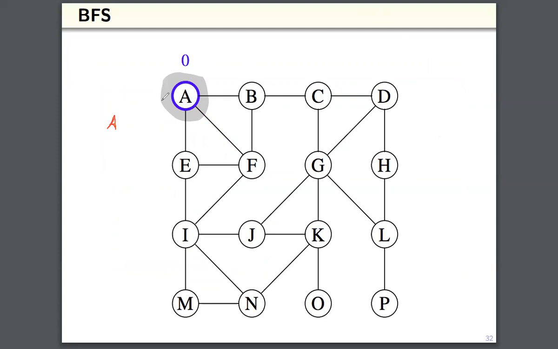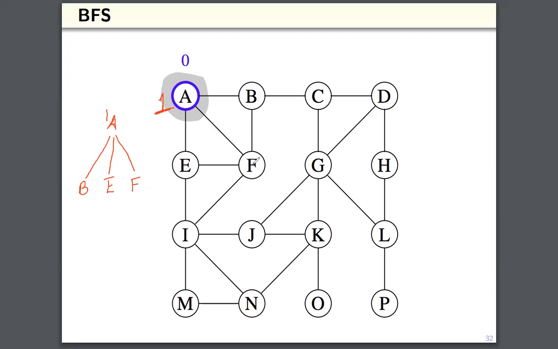So you increment the count and visit this, then you add all the child nodes, right? So what are the child nodes? B, E, F. We will add the child nodes and visit them in alphabetical order.